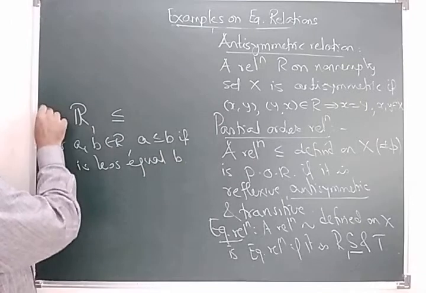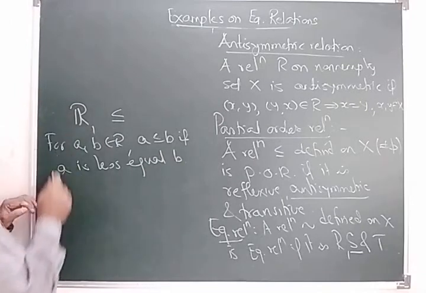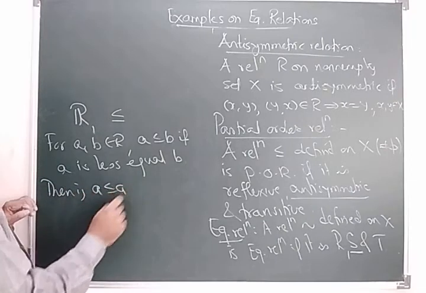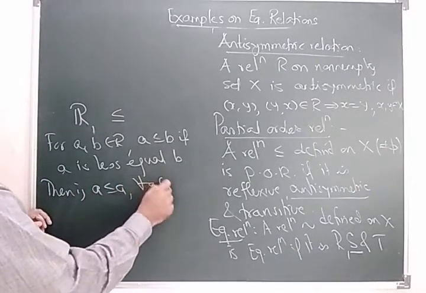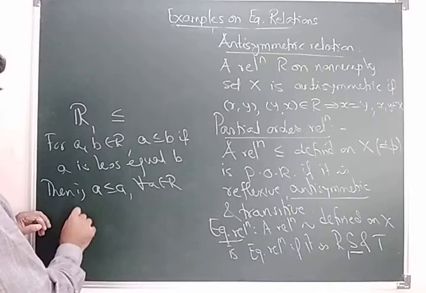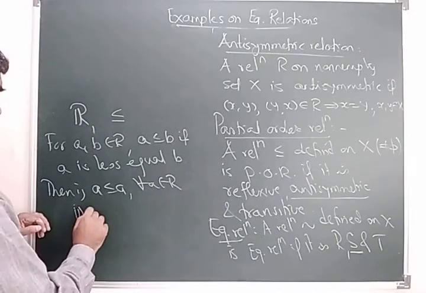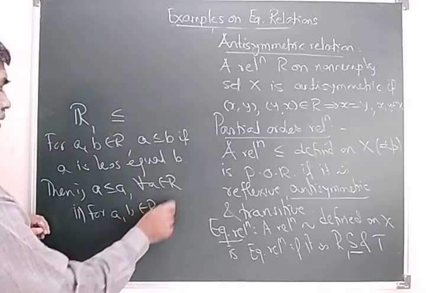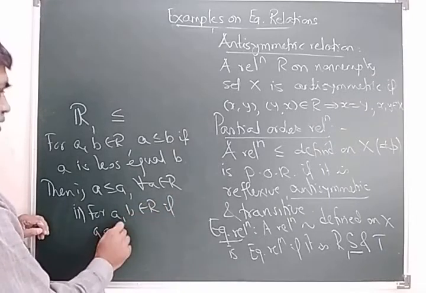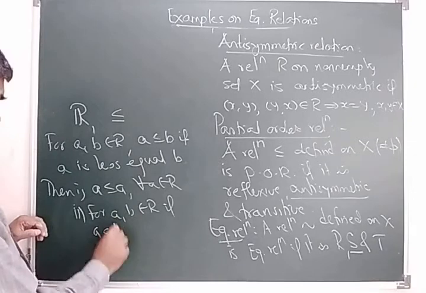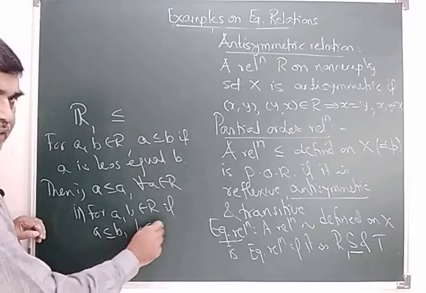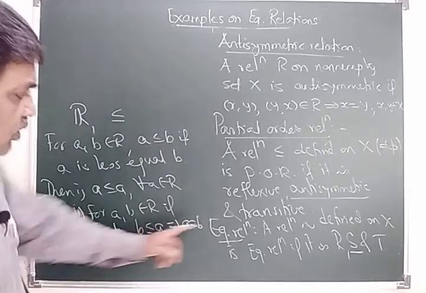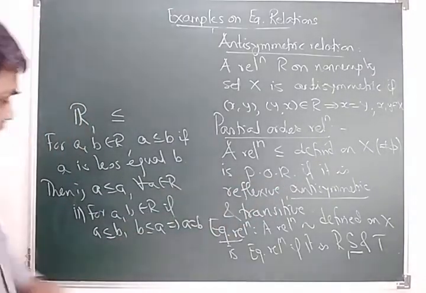First, a is less equal a for every a belonging to R. Second, for a, b belonging to R, if a is less equal b and b is less equal a, this must imply a equals b.